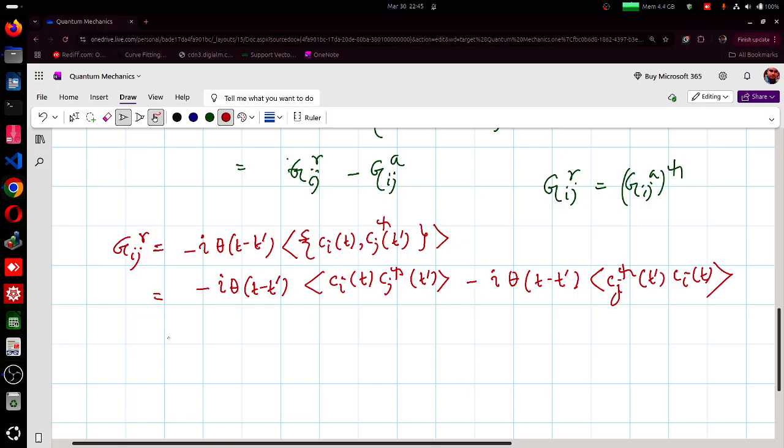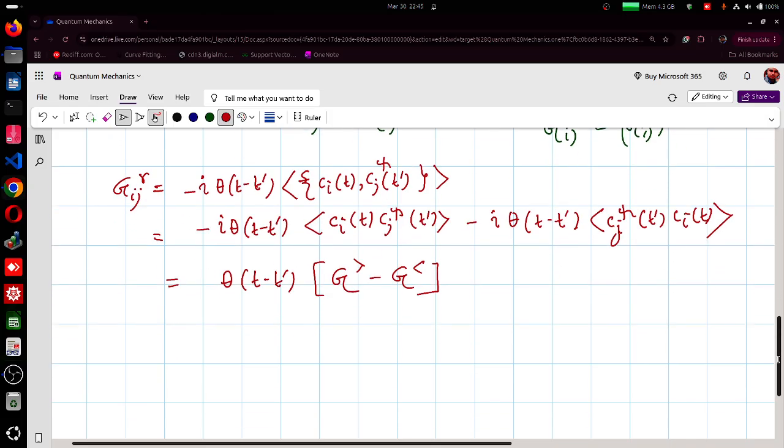Right? It is known as theta(t minus t') times G greater minus G lesser. What is greater and lesser?